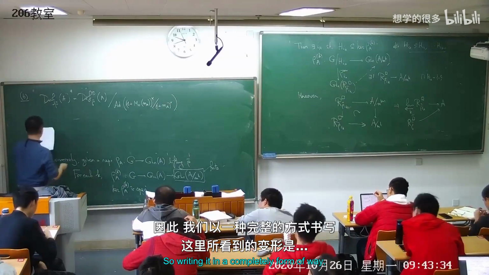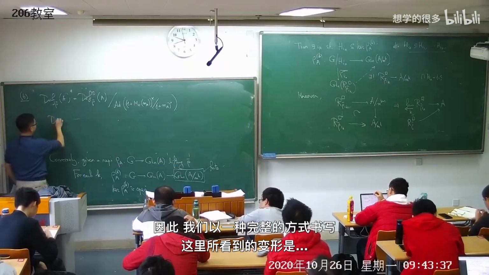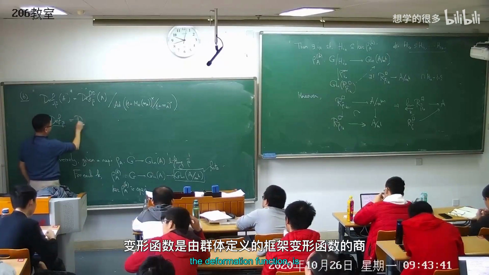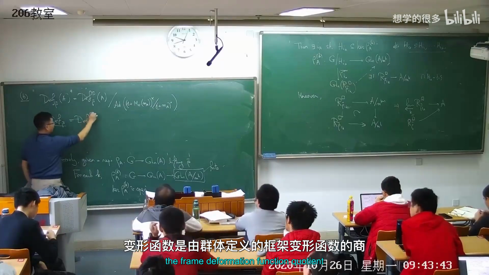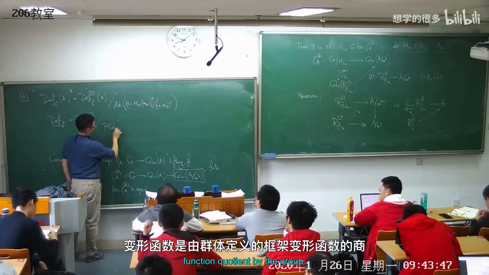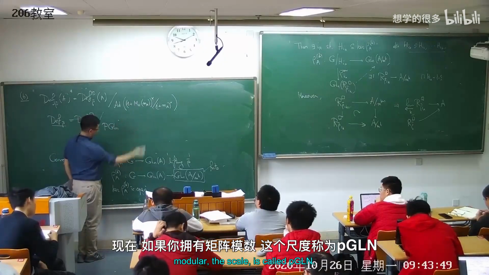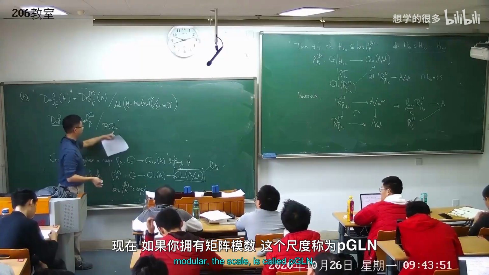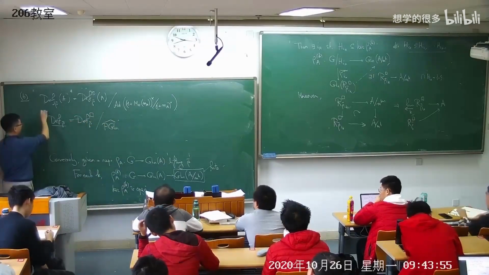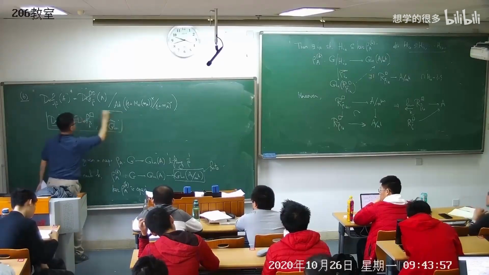Writing it in a completely formal way, what we're seeing here is that this deformation functor is the framed deformation functor quotiented out by the group of matrices modulo the scalar matrices, called PGL_N. So we're doing the formal PGL_N.